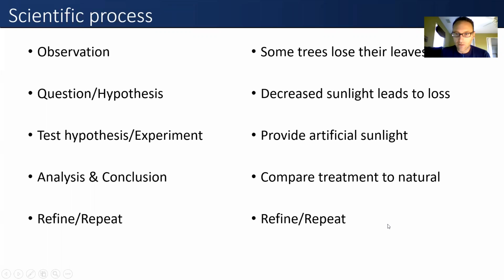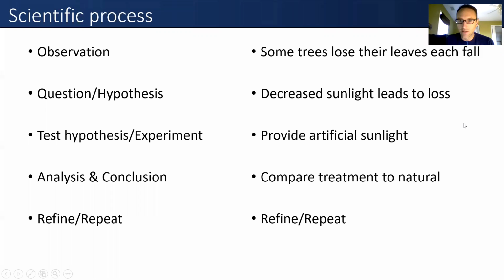So the example that I gave you guys was a very simple one. We make the observation that some trees drop their leaves in the fall. We might hypothesize, oh, the sunlight also decreases as we move into fall, so maybe that's what's causing the leaves to fall. We design an experiment where we're going to take some trees and give them artificial sunlight throughout the fall and see if they don't drop their leaves.